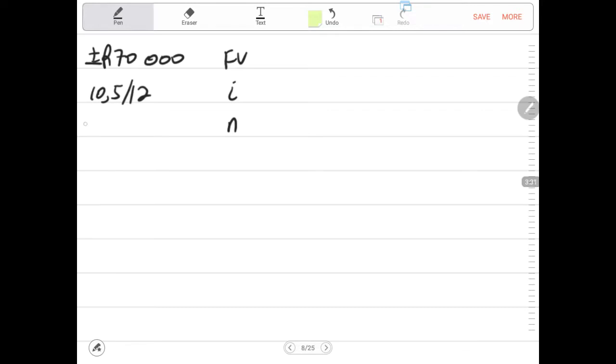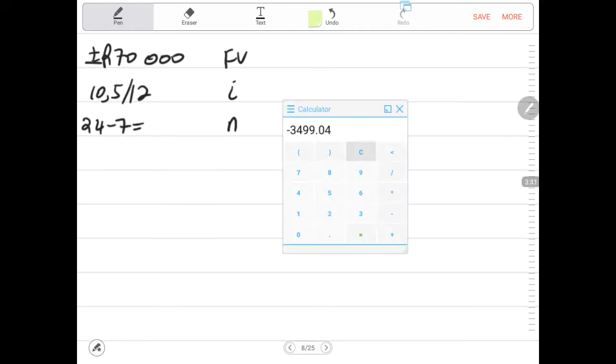Meaning payments will start from month number 8 up until month number 24. So it will be 24 minus 7. So let us check 24 minus 7. What does it give us? It gives us 17. That means 17 payments will be made.